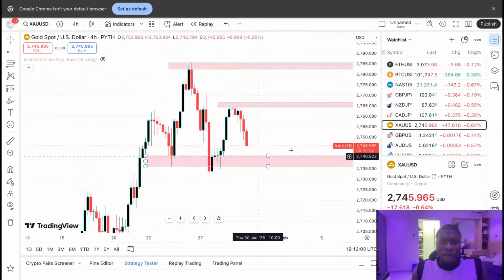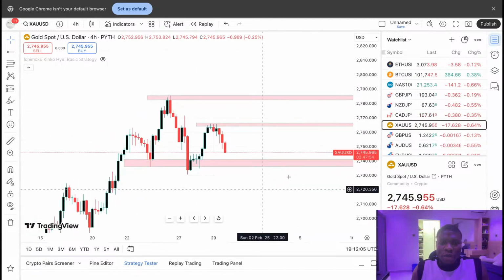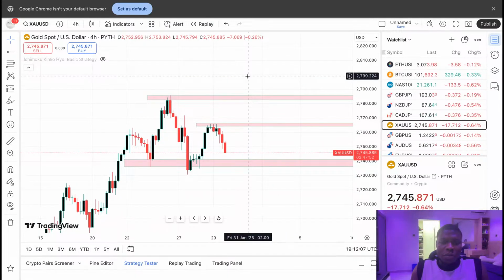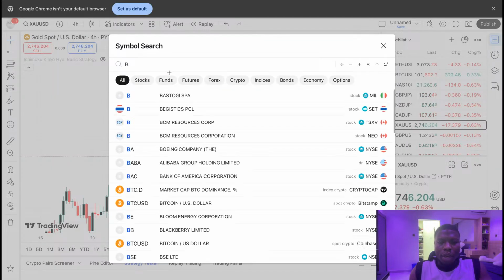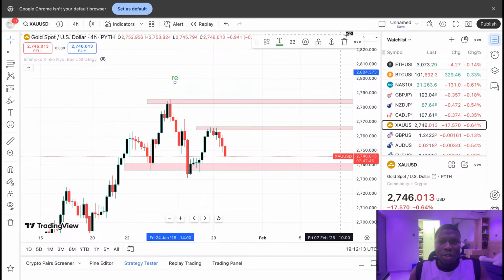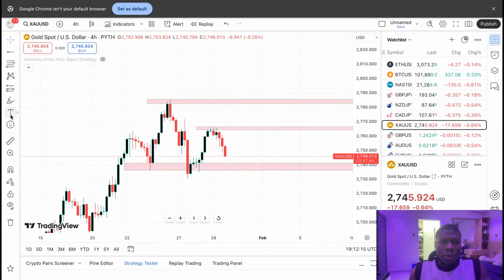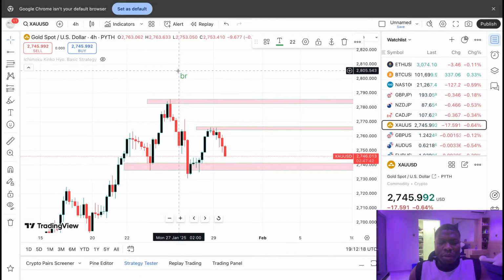Now, there are types of breakouts. I'm trying to mention the types of breakouts. We have breakouts without retest.